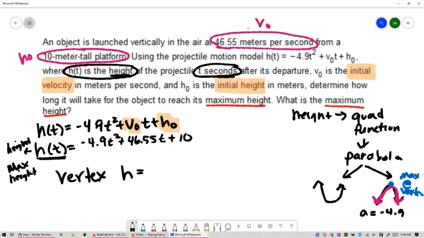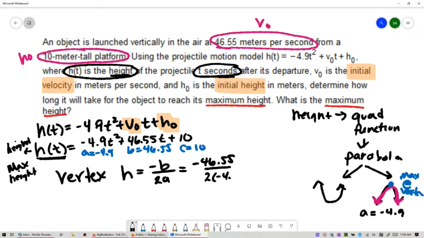So this h that I'm drawing here is the x-coordinate of the vertex, and that formula is negative b over 2a. So our a is negative 4.9, our b is 46.55, and our c is 10. We have negative 46.55 divided by 2 times negative 4.9.